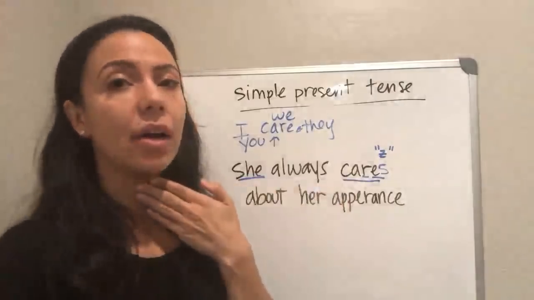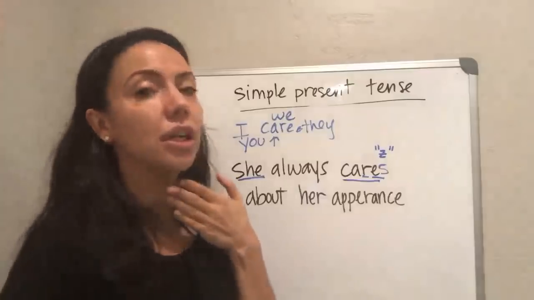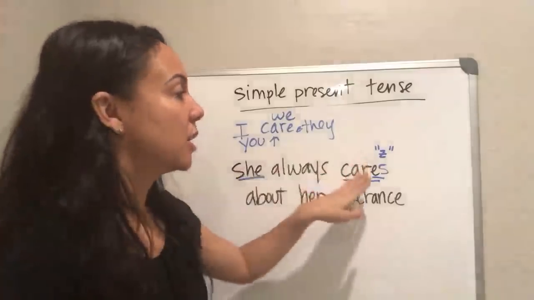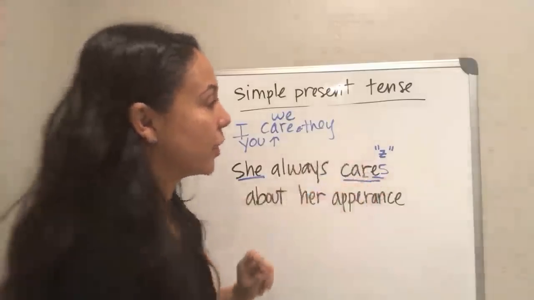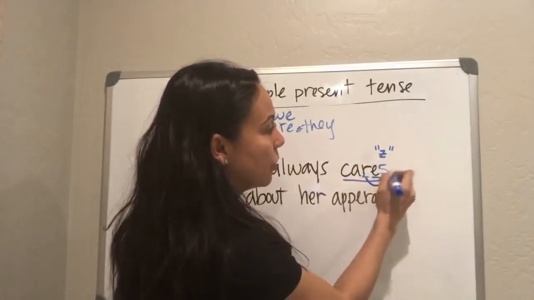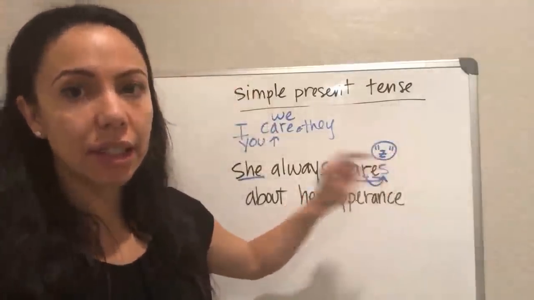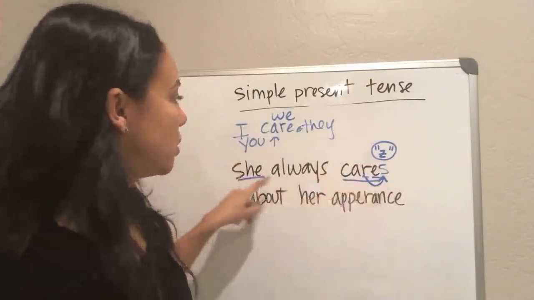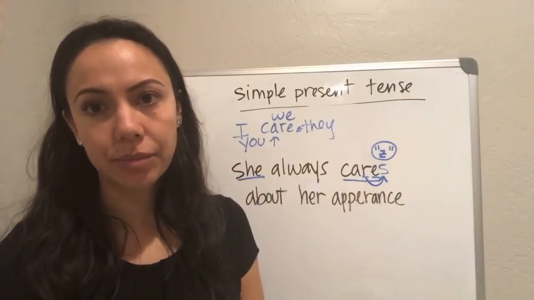It's a voice sound, which means it causes a vibration in our throat. It's a voiced consonant. So because it's a voiced consonant, it will make the Z sound. Cares, cares. She always cares about her appearance.